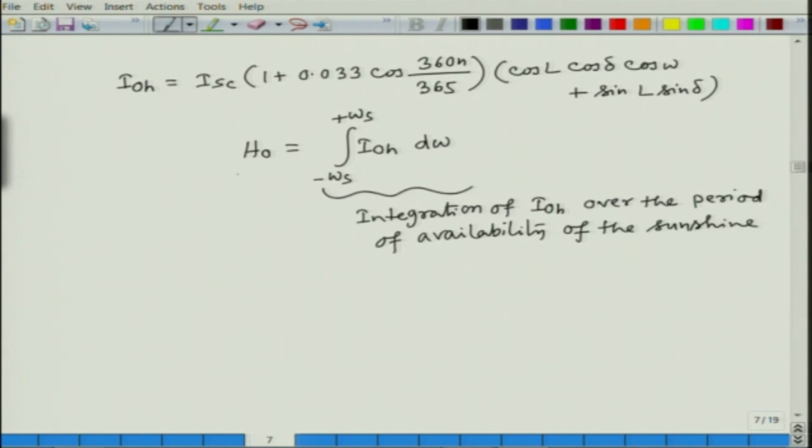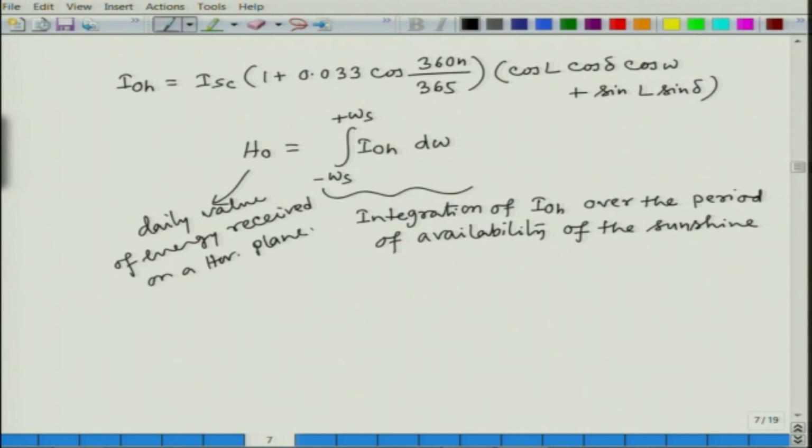Okay. Because this is the daily value of energy received on a horizontal plane, right. So, this is just the integration throughout the day. Now, here we have introduced few new things without mentioning.